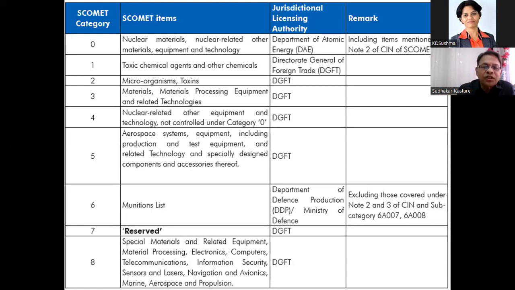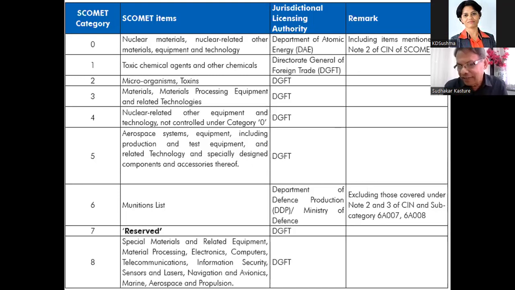And then special materials and related equipment, material processing, electronic computers, etc. Connected to defense, and we need to protect the country.